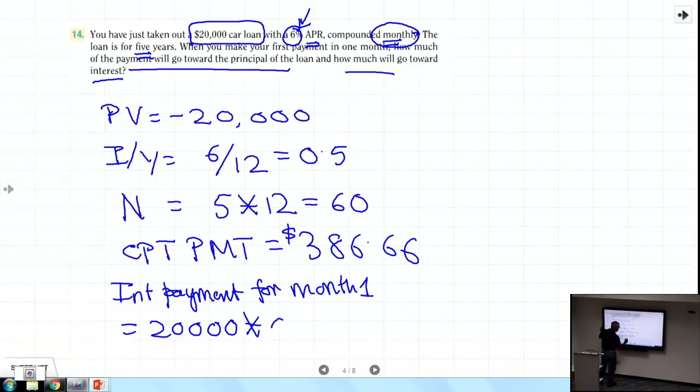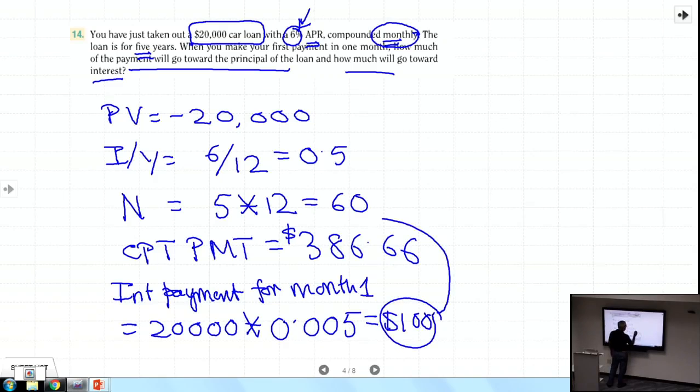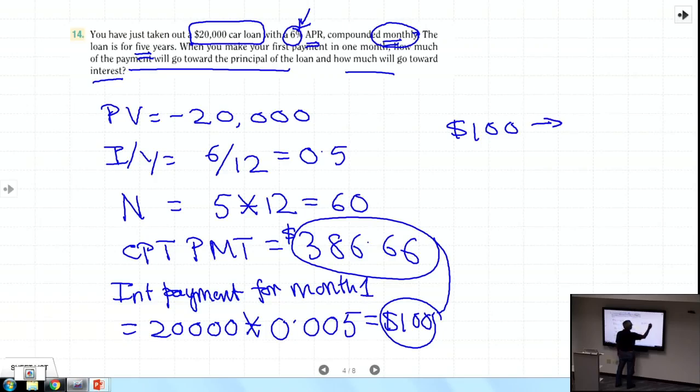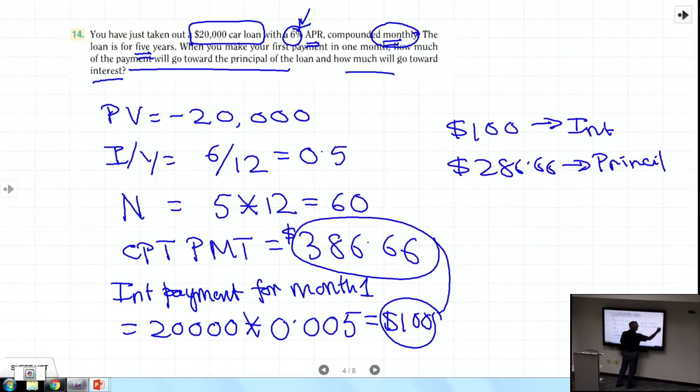So 0.5% monthly interest rate would be 0.005. That would be equal to $100. So from this 386, $100 is interest, and the remaining 286.66 represents the principal repayment.